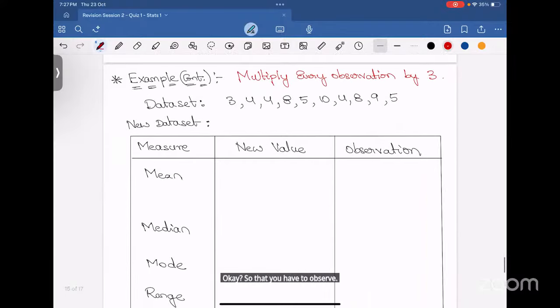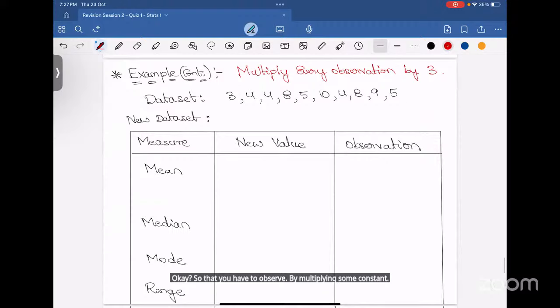By multiplying some constant, we'll see what happens to the mean, variance and everything. So the new data set will now become 9, 12, 12, 24, 15, 30, 12, 24, 27, 15.